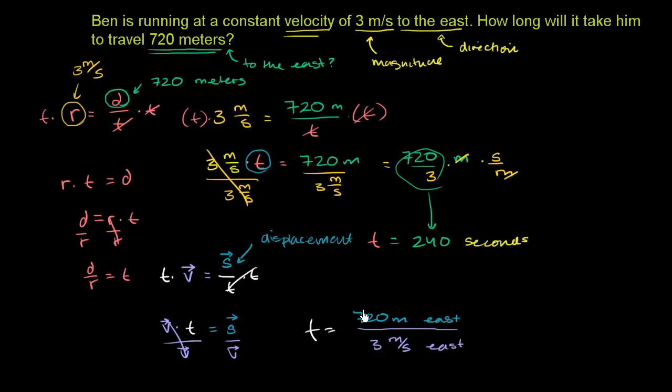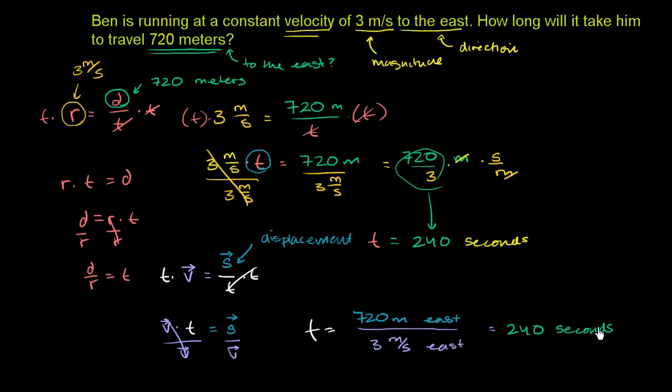And once again, 720 divided by 3 will give you 240. When you take meters in the numerator and divide by meters per second in the denominator, that's the same thing as multiplying by seconds per meter. Those cancel out, and you are just left with seconds here.